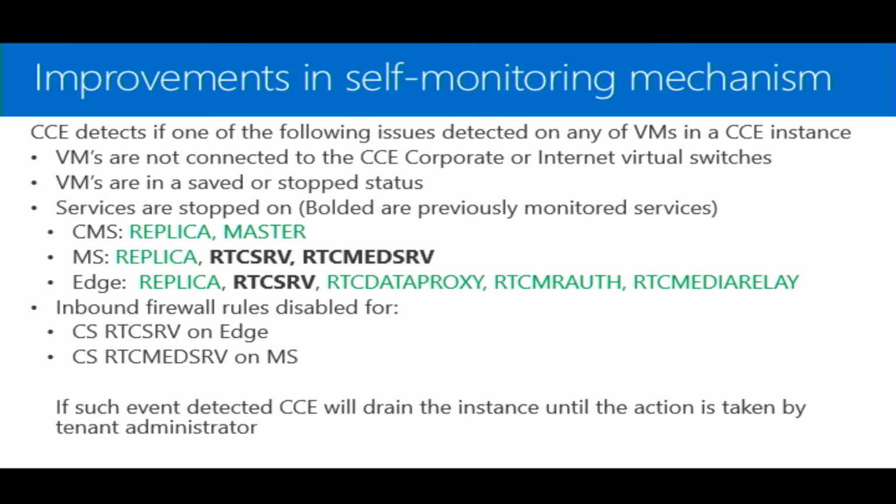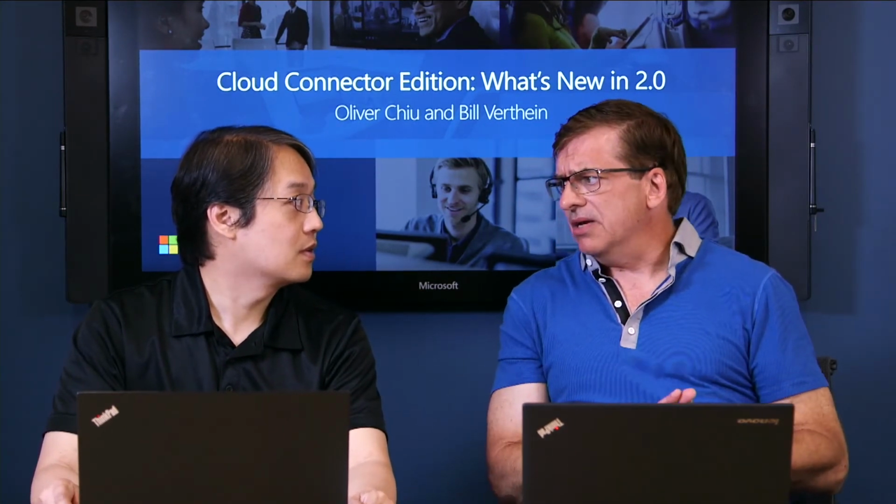Now, there's a repercussion to this. A lot of times when people were tweaking their CCEs, they would just stop the VMs. You can't do that anymore because we're just going to keep restarting them. My money is on my software restarting faster than you can type. What you have to do now, if you want to stop your CCE, is not stop the VMs. You have to put it in maintenance mode and allow it to drain, and then it'll eventually get to a point where it's no longer running, which is frankly what you should be doing anyway.